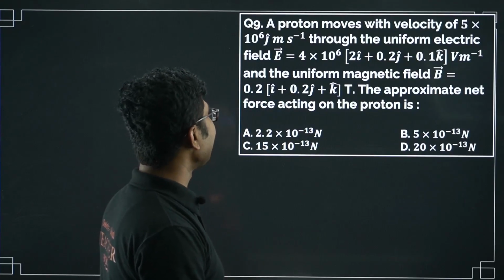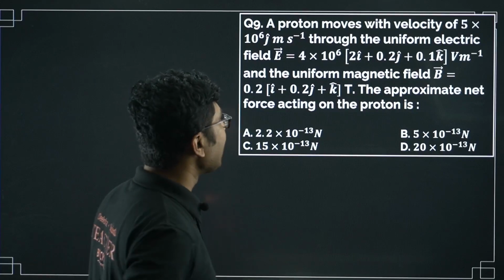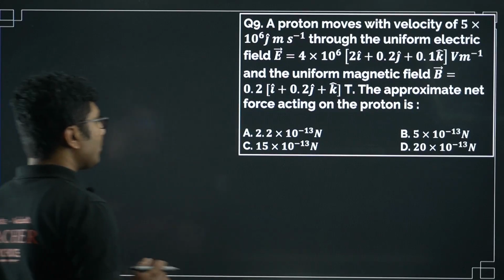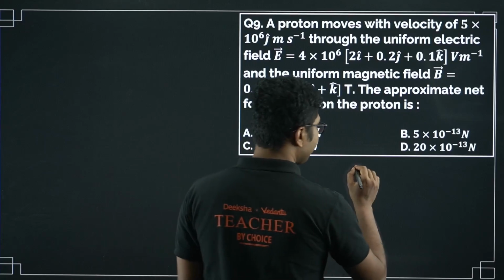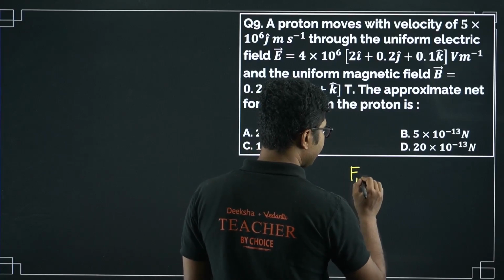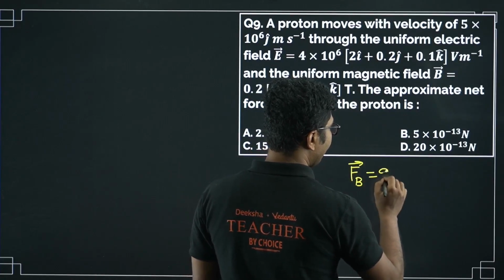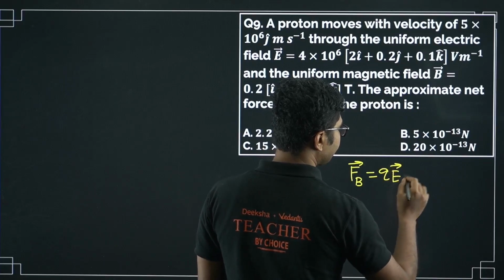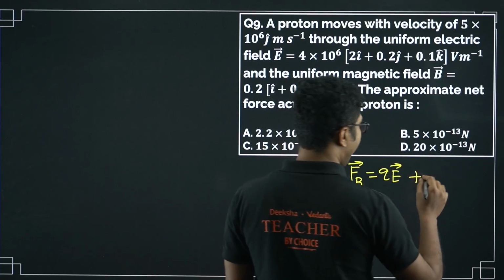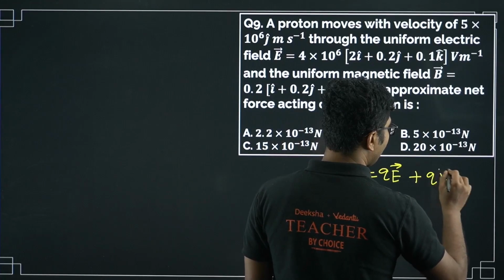The approximate net force acting on the proton. So first we have to calculate the individual forces. What is the formula for force? Lorentz force. We remember that Lorentz force is basically Q into E plus Q V cross B.